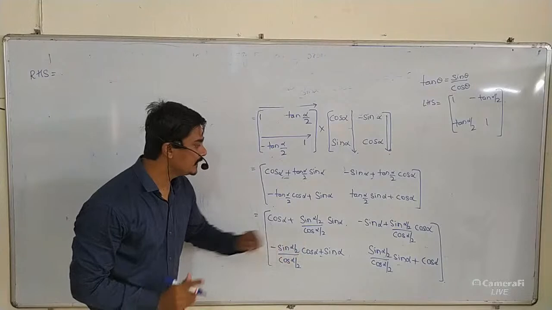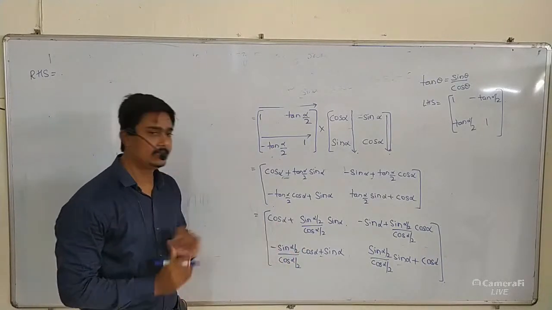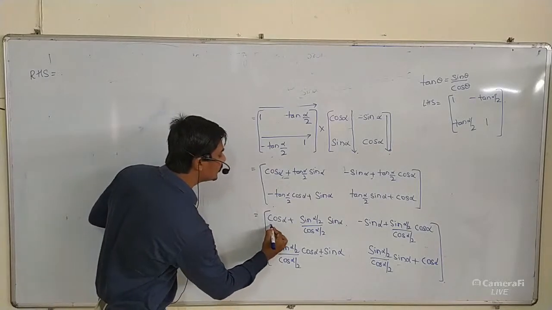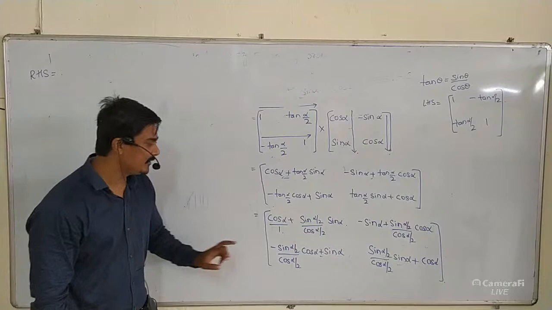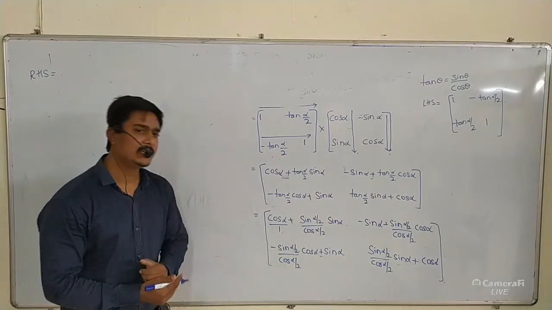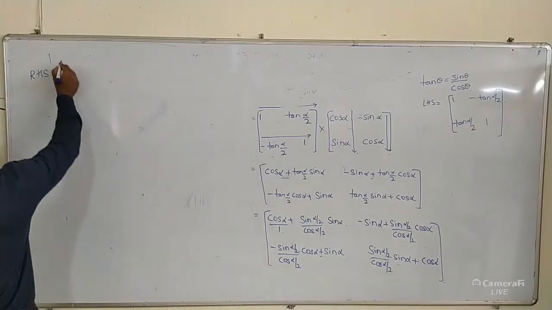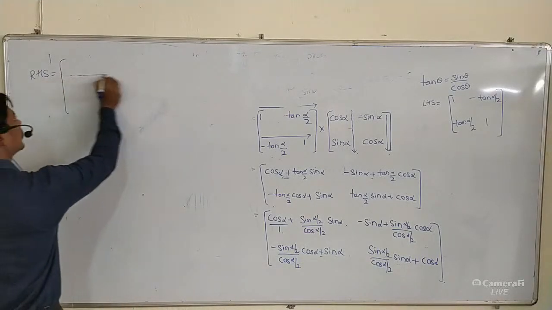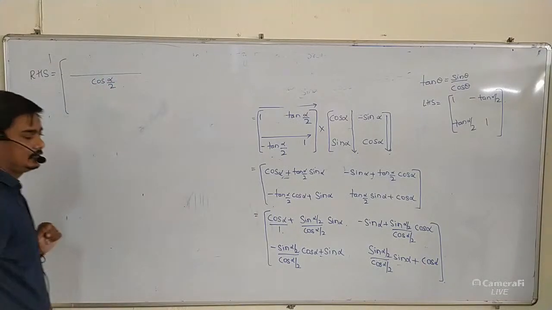So how to simplify the terms further? Yes, we will take the LCM. If there is nothing in the denominator, we always take it as 1. So what will be the LCM of 1 and cos alpha by 2? It is cos alpha by 2. So for the first term, the LCM is cos alpha by 2.